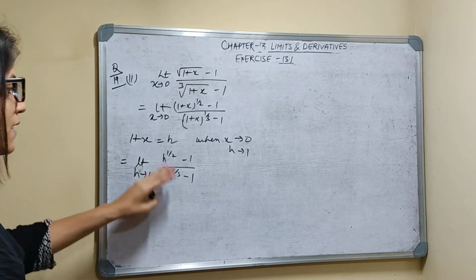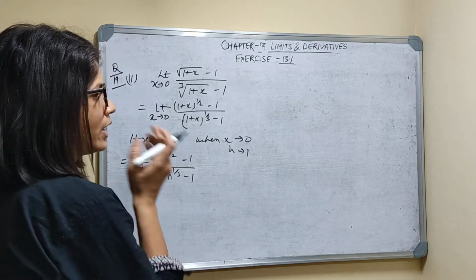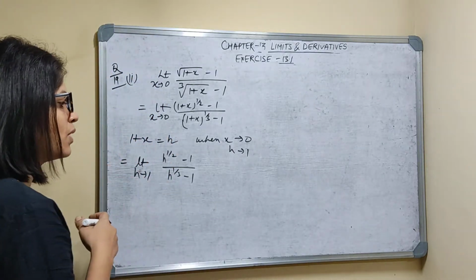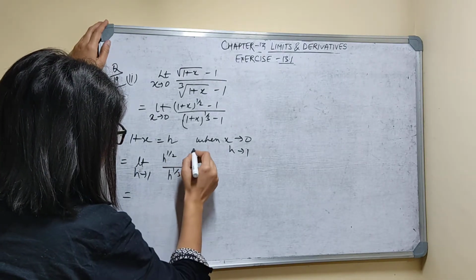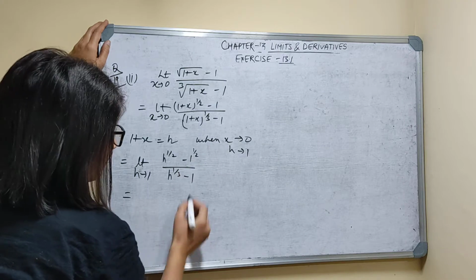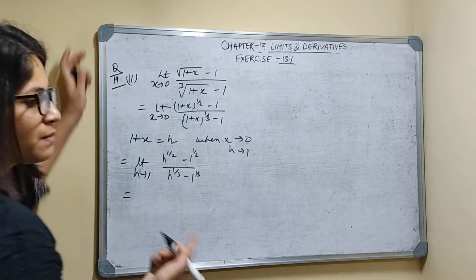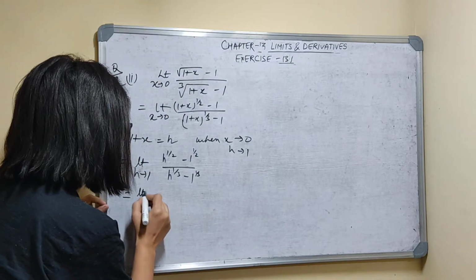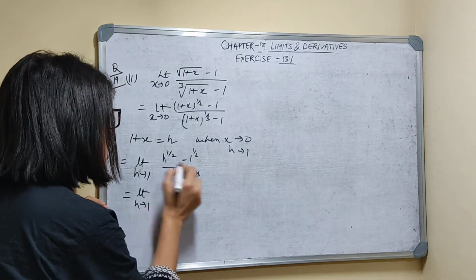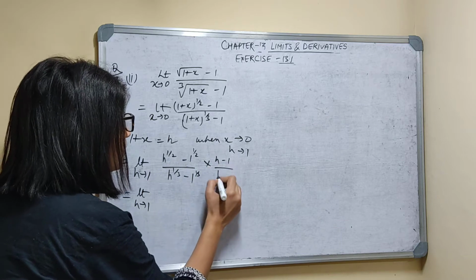But I want to make it in this form, limit x tends to a, (x power n minus a power n) upon (x minus a). So what can I do? This h power 1 by 2 minus, I can write 1 power 1 by 2, and this I can write 1 power 1 by 3, because 1's power 1 by 2, 1 by 3, anything you write, it's 1 only. So limit h tends to 1, I can multiply with (h minus 1) upon (h minus 1).